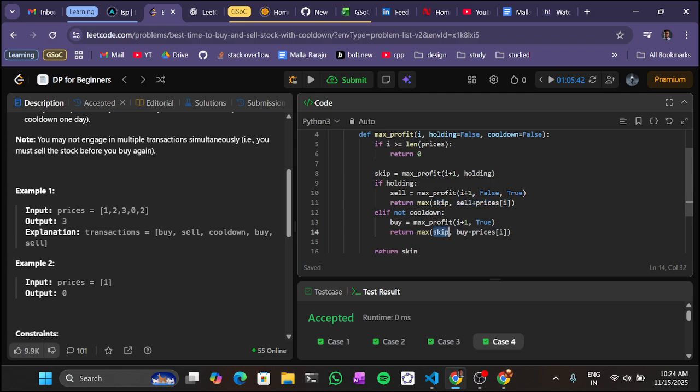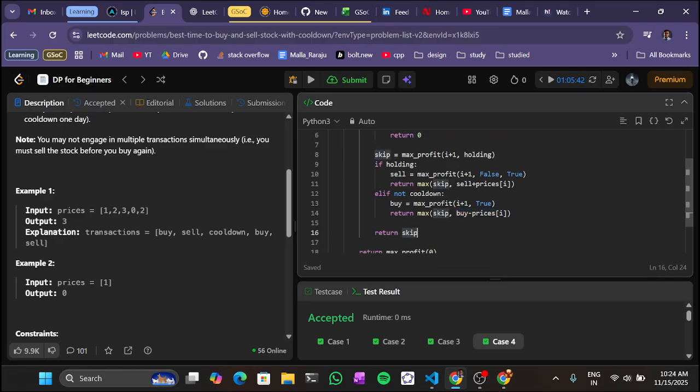And here, what is the maximum value, either the skipping is the maximum one or the buying. But if you check this properly, both of them are if and elif, so there is a chance that we may not be able to buy or sell at that particular point.